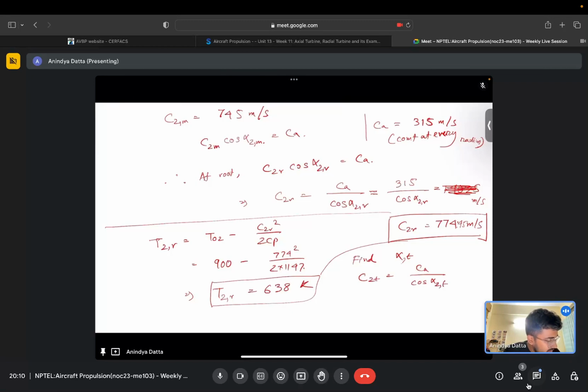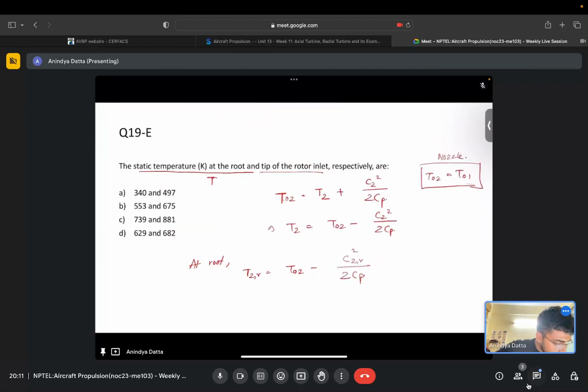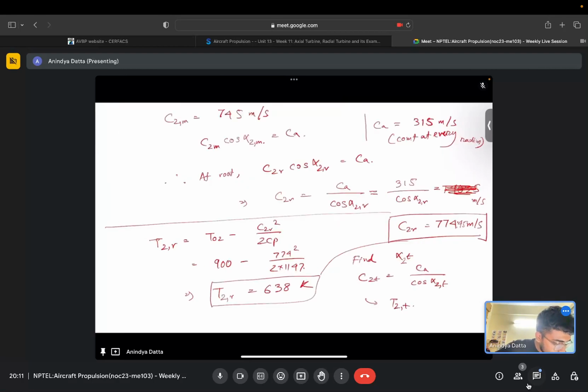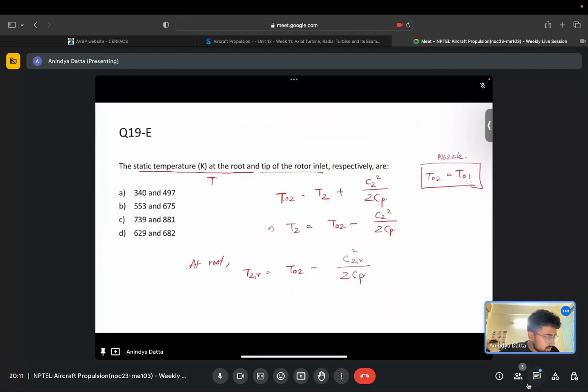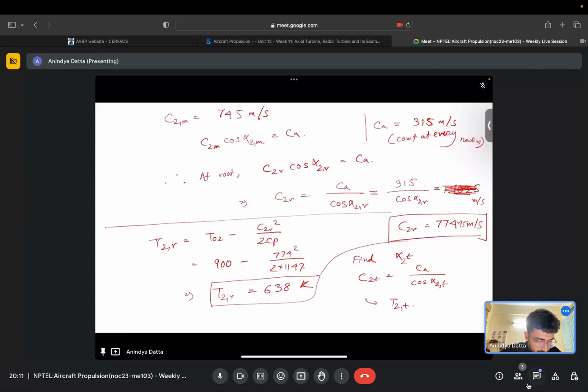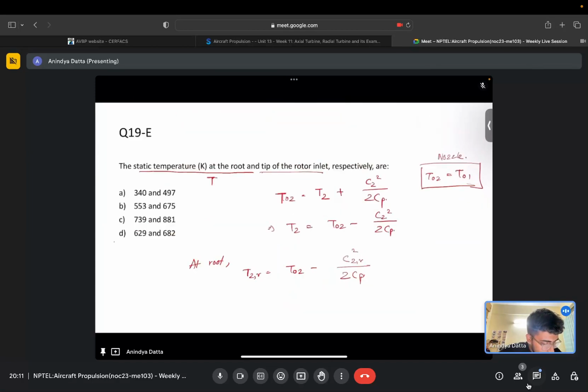And then we can find the alpha 2 at tip in a similar manner, and that will give you the answer. You have to check that, but that is the correct answer. The option showing will be option D. It is slightly wrong here, but this is the idea.